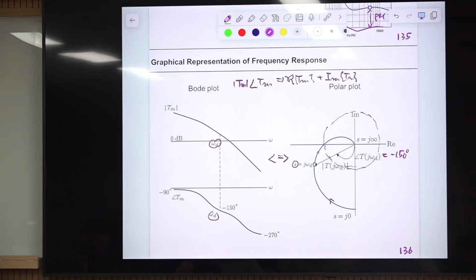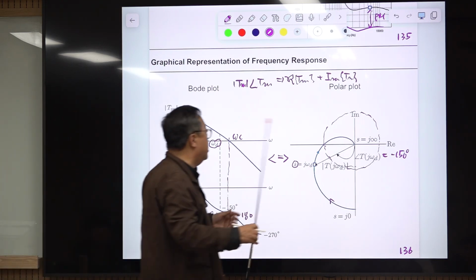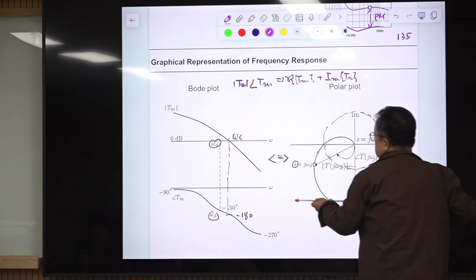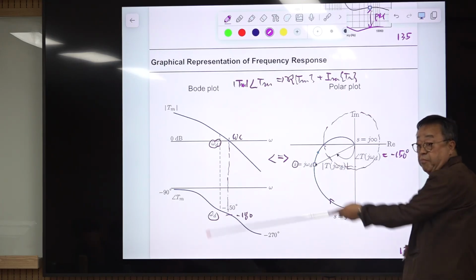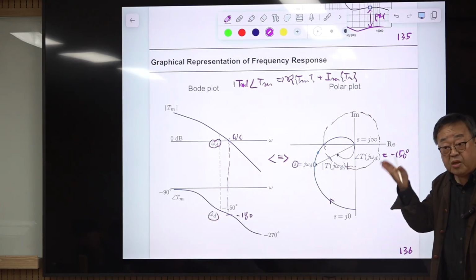And maybe at this point, the omega c point, assume the phase is minus 180 degrees, okay. That means this polar plot is on the negative real axis, okay. Minus 180 degrees is a negative real number.